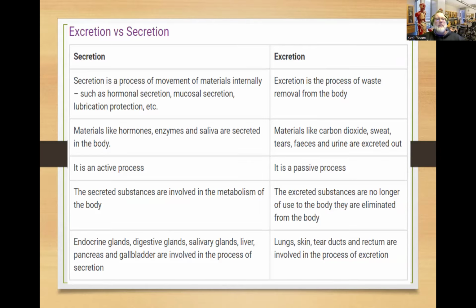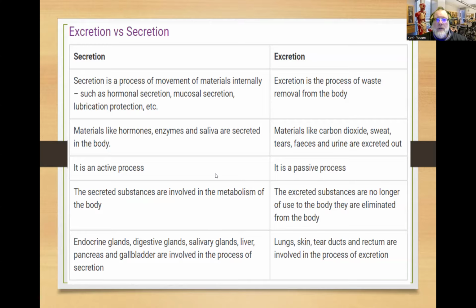So: process of movement, hormonal secretion, mucosal lubrication, hormones, enzymes, saliva. Those are items that get secreted. So it's a very active process, the metabolism of the body. Again, we're going to see this with multiple body systems: the endocrine system coming up in a couple of weeks, certainly the cardiovascular system, the digestive system.